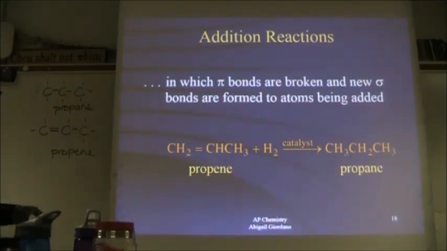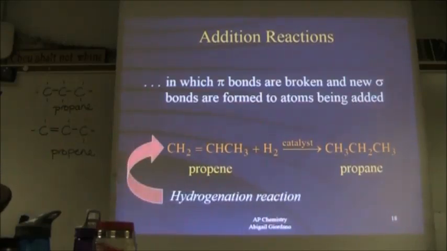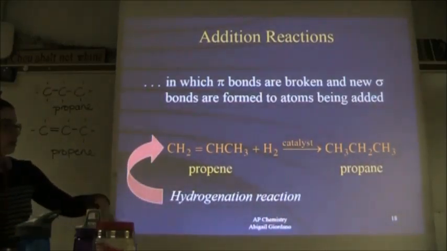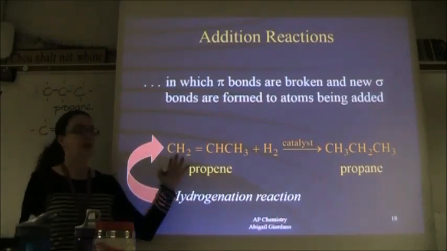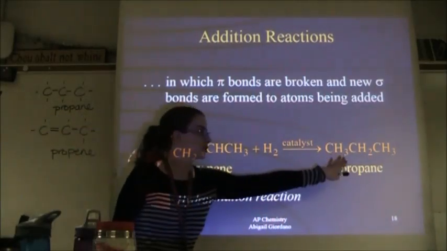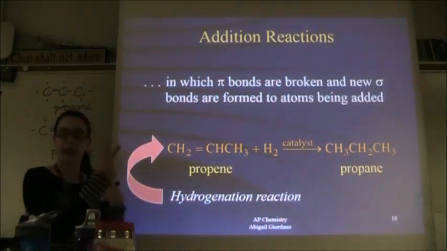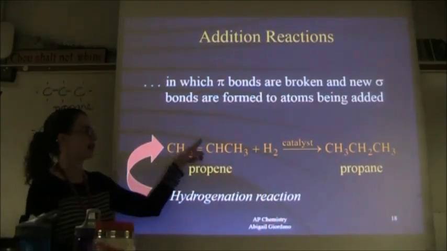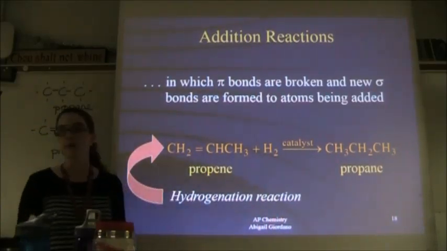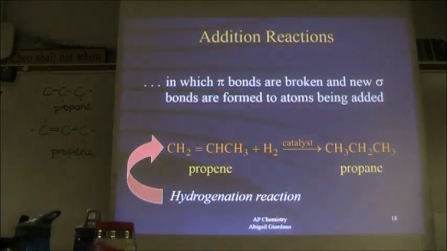If you add hydrogen, you go from something being unsaturated to saturated. All it means is that pair of hydrogens is added across a double bond. So those are just opposite processes. Dehydrogenation versus hydrogenation.